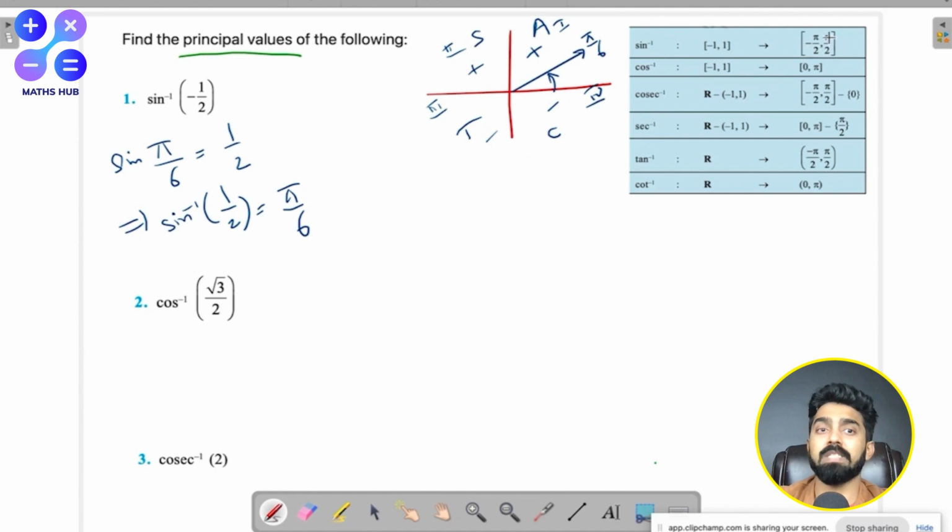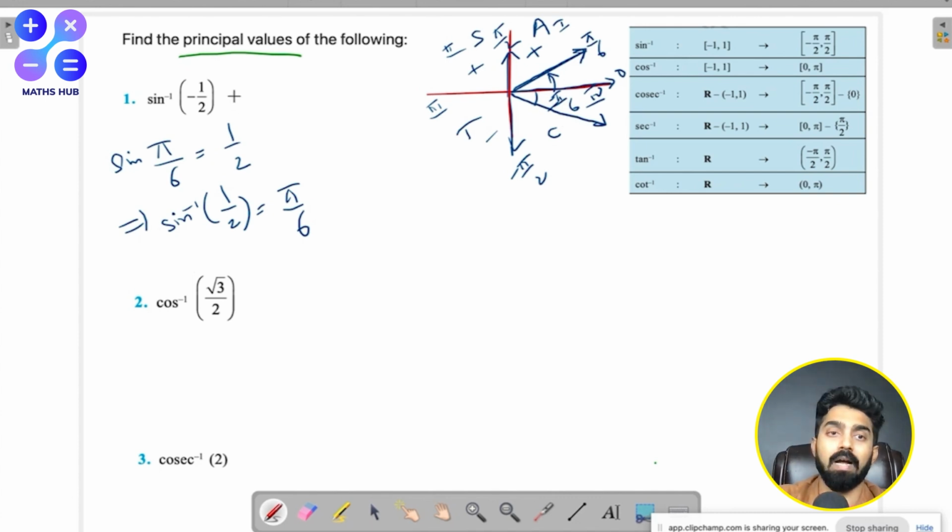But since our principal value goes from minus pi by 2 to pi by 2, so this is 0, right? Our value has to lie only in this range. So since pi by 6 is half, the reverse of that, minus pi by 6, would give you the same value but in the negative direction, right?